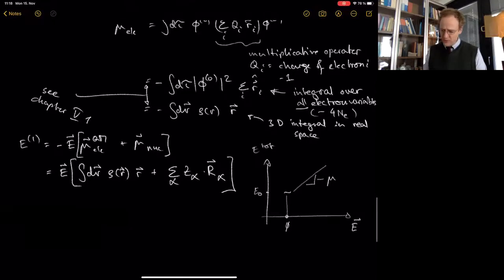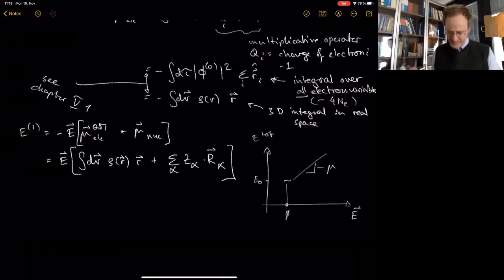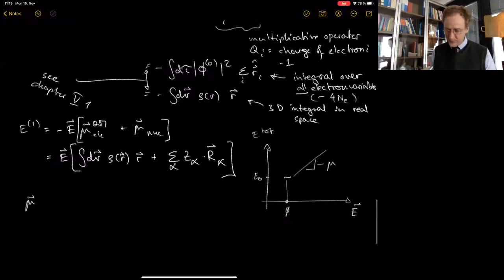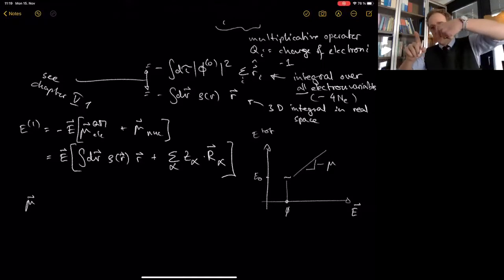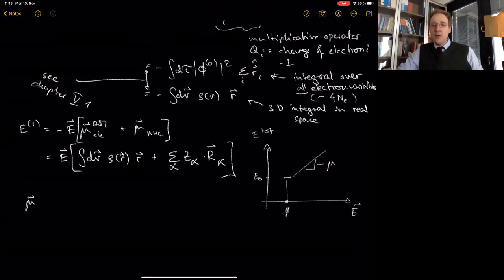It is important to note that the dipole moment is, of course, crucial for intermolecular interactions, right? So if you have a dipole moment in your molecule and it meets another molecule, they will arrange such that they are aligned with opposite signs and with opposite directions in order to gain Coulombic interaction energy. And that is, of course, crucial for any molecular liquid or any molecular solid.